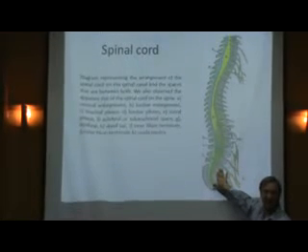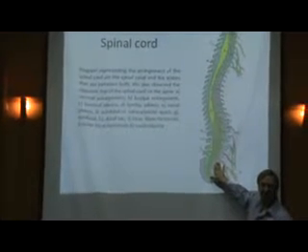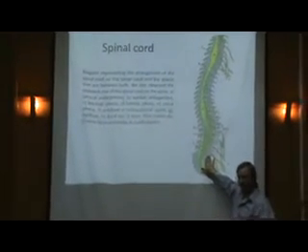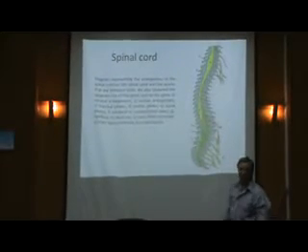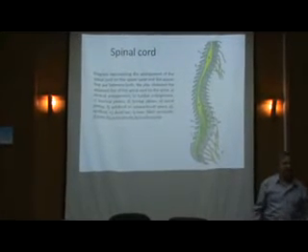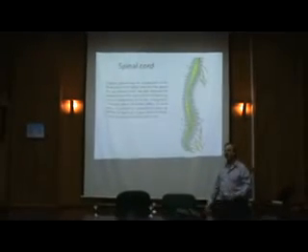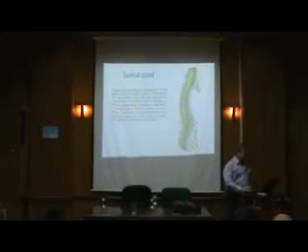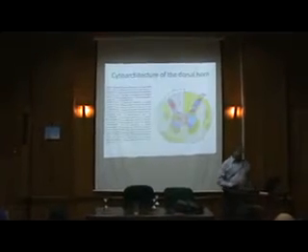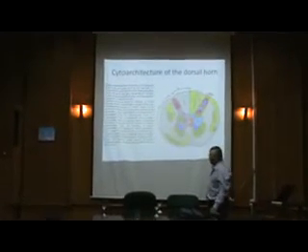That's the reason for the anesthesia: epidural anesthesia for delivery, and also for several surgeries over the lower limb, like knee surgery and so on. Okay, so let's go inside.